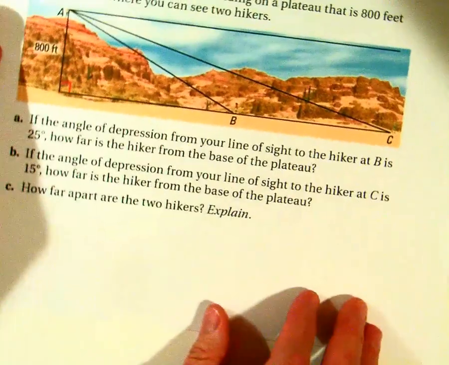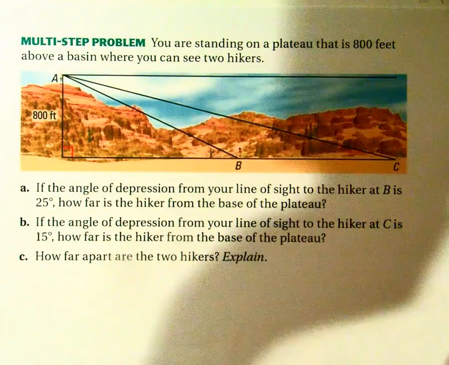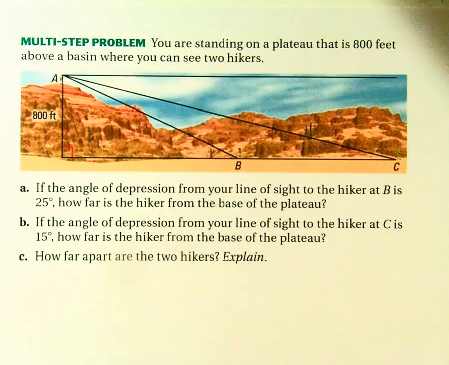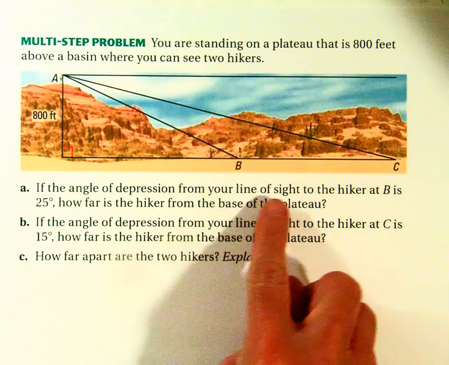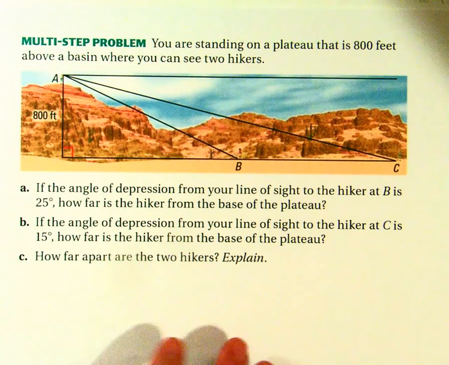Let's take a look at this one. Y'all work this one. Okay? Pause it and read it and work it. Remember, the line of sight is at the person's eye, looking straight across parallel with the ground.